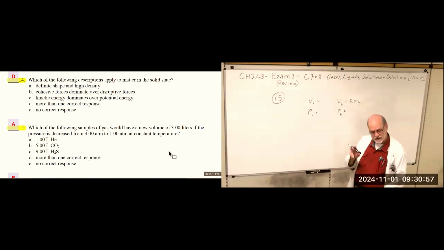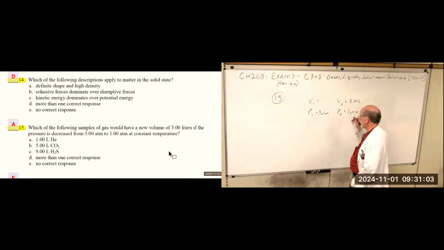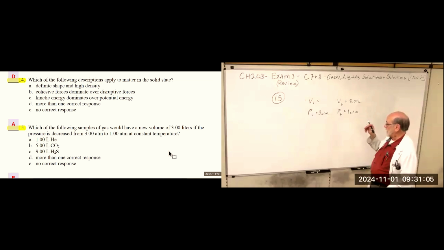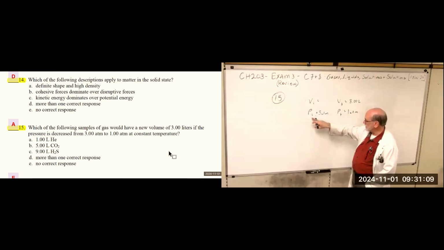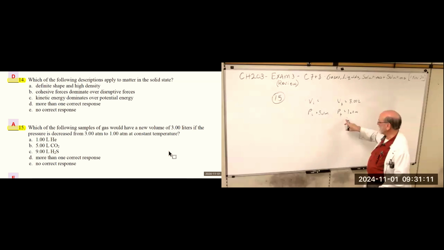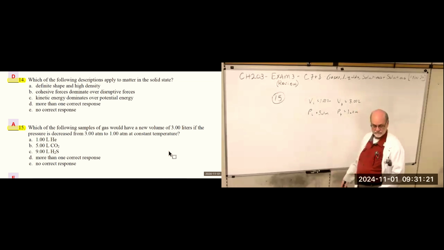Pressure is decreased from 3 to 1. 3 atmospheres to 1 atmosphere. Okay. Pressure and volume are inversely proportional. So if we take the pressure down by a factor of 3, we decrease the pressure by 3, we increase the volume by 3. So this one should be 1 liter.